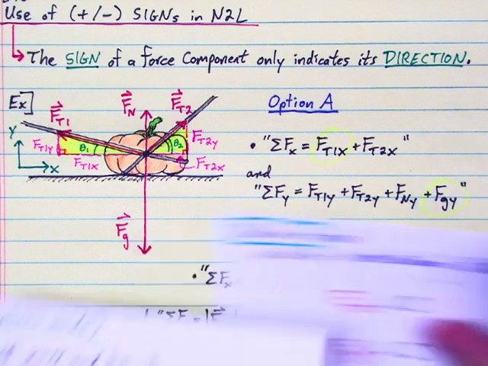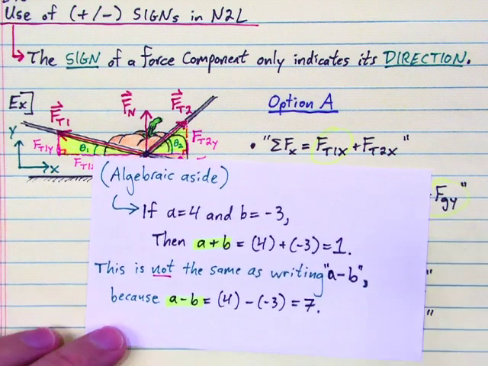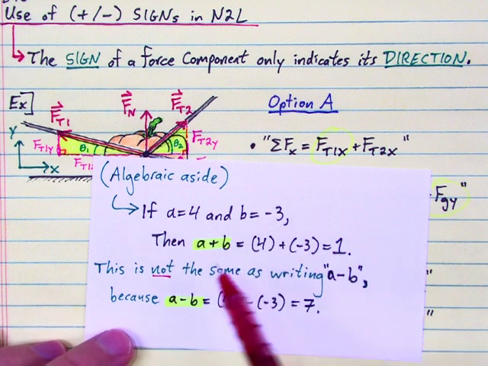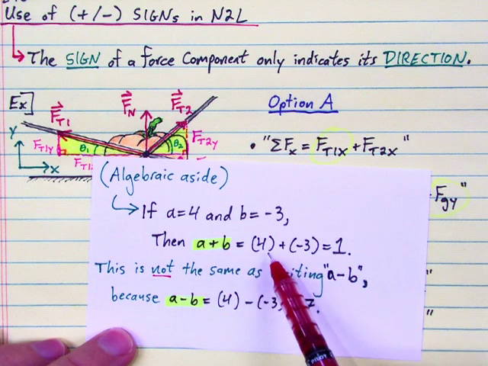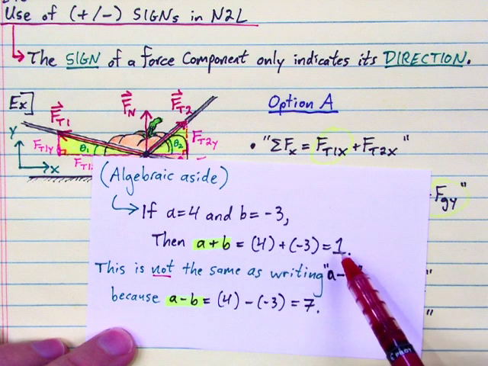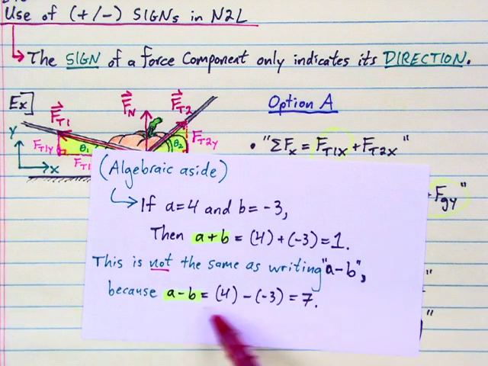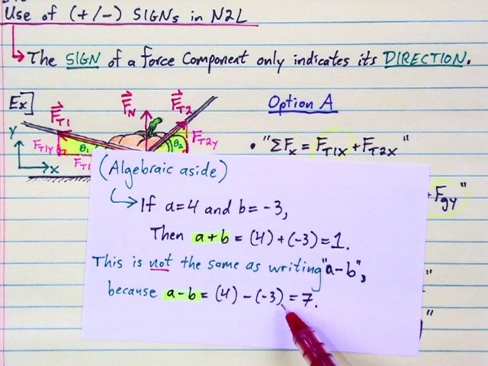As an algebraic aside here, this is related to this matter. If a equals 4 and b equals minus 3, then a plus b is 4 plus minus 3 is 1. This is not the same as writing a minus b, because a minus b is 4 minus negative 3 is 7.